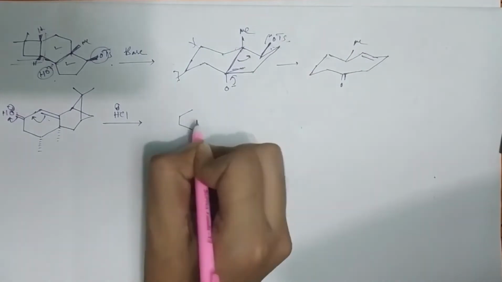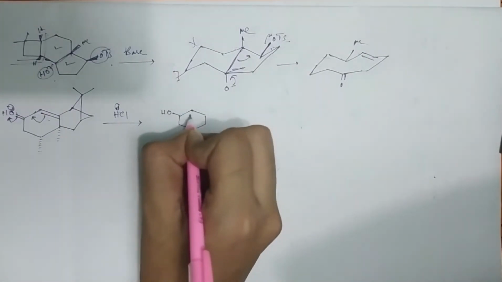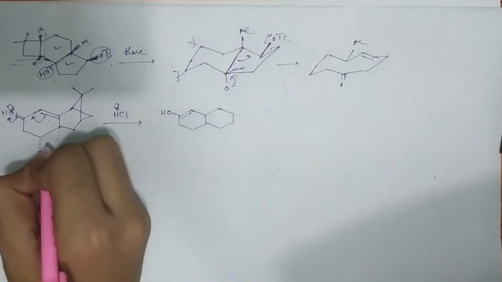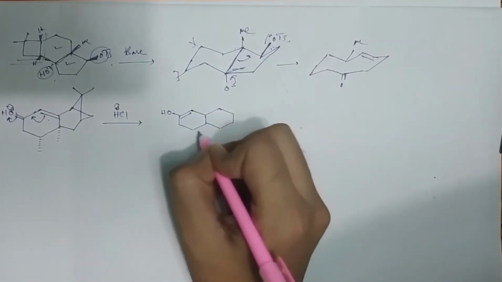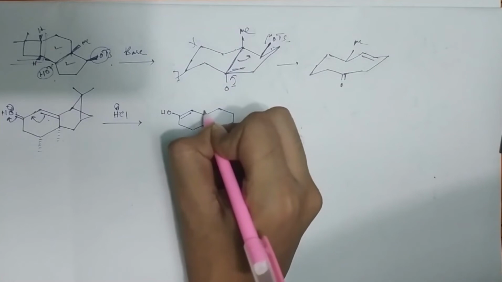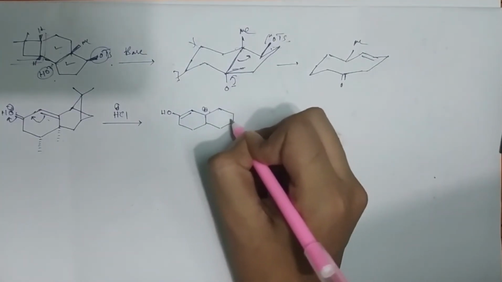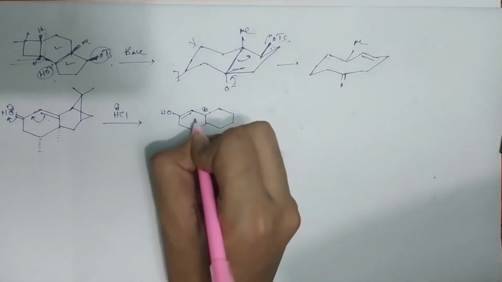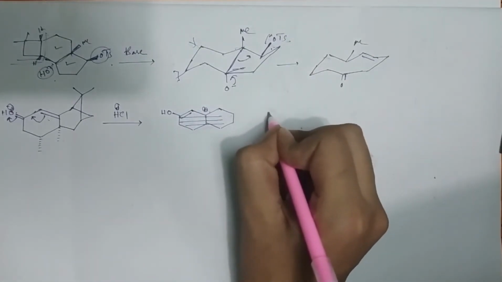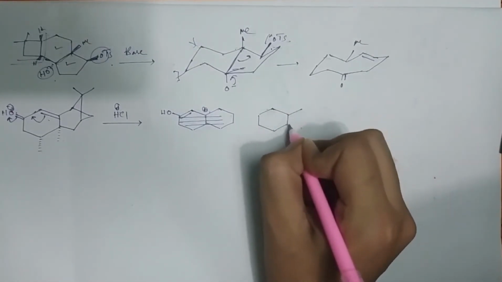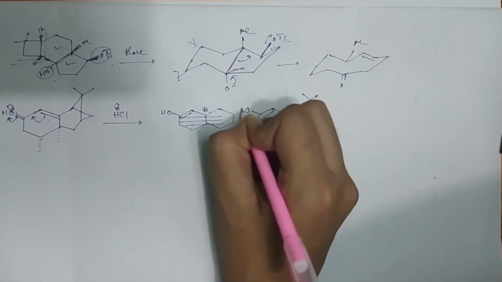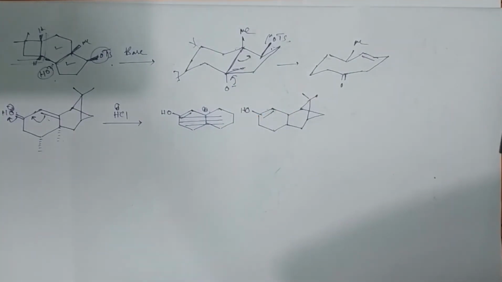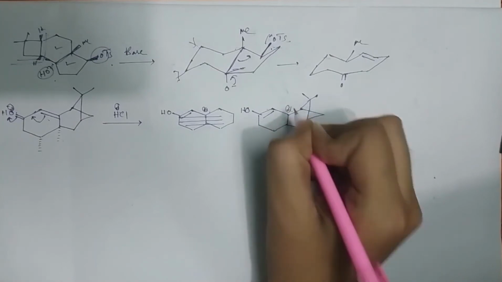So what we get, these two chemistries don't affect this reaction, so I am not drawing those things. So there will be a positive charge. Sorry, I have drawn the wrong thing. We will get these things, so there will be a positive charge.